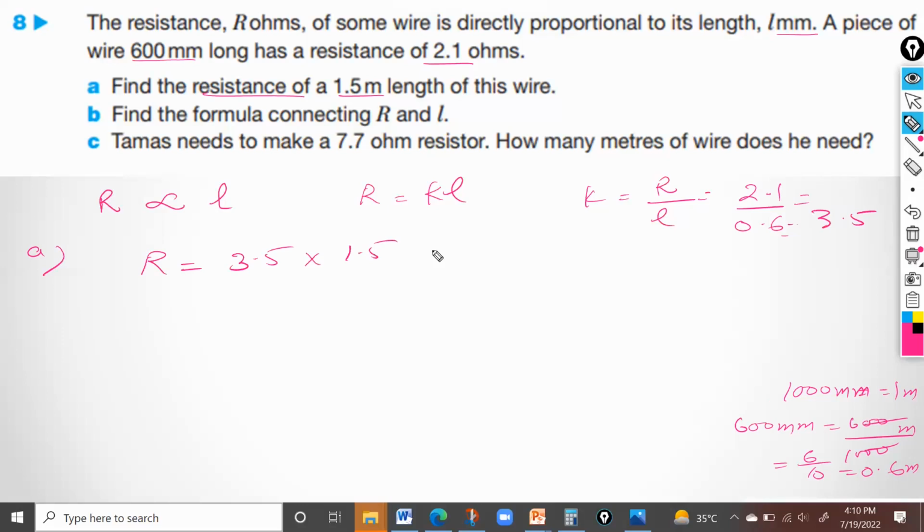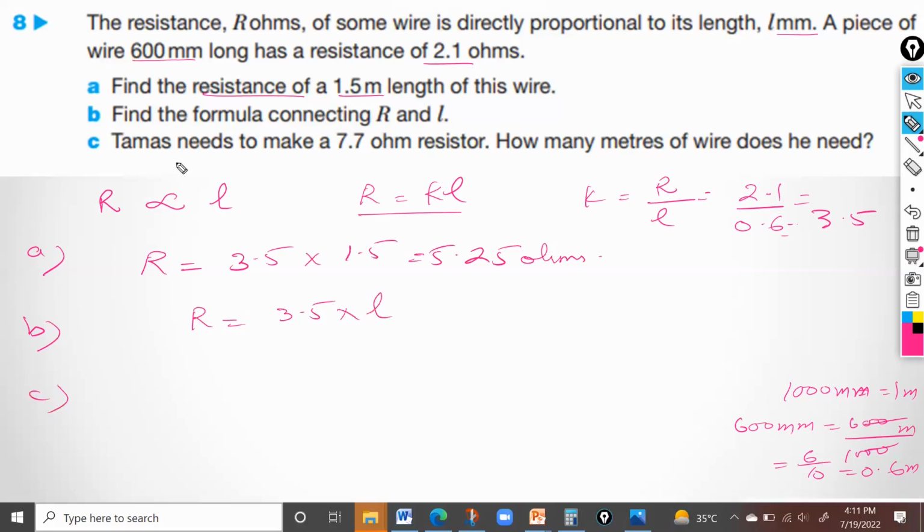So when we multiply 3.5 with 1.5, we get 5.25 ohms. Okay. B part now. Find the formula connecting R and L. We already found the formula. That one is R equals 3.5 times length.